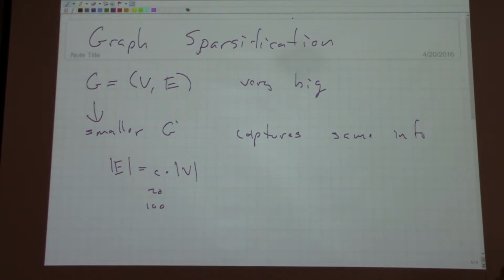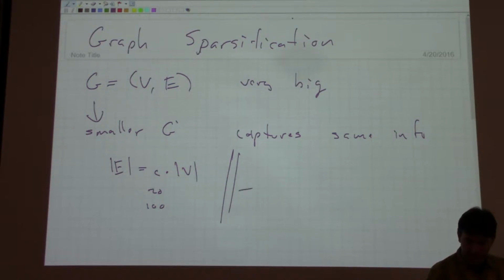But a better question is, is this the right model? There are some people who still think this is the right way to think about it, but another view is that the number of edges is the number of vertices to some power, 1 plus beta. And beta is usually in some range, 0.1 to 0.5.